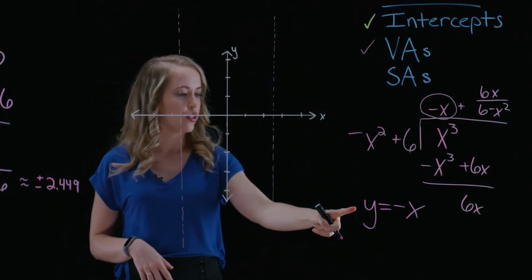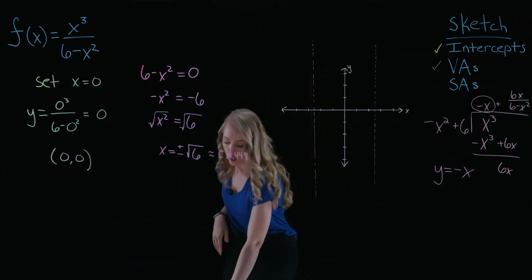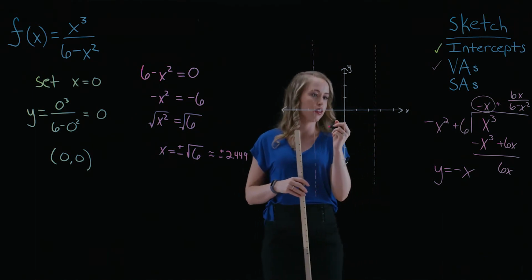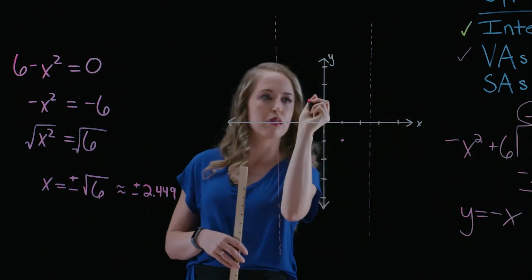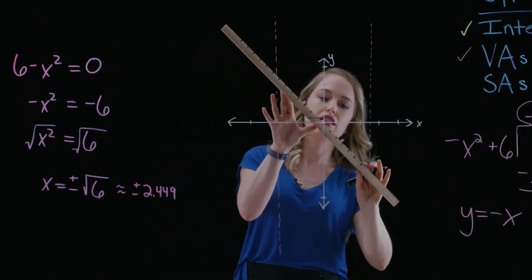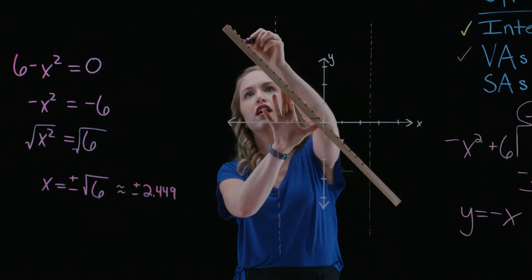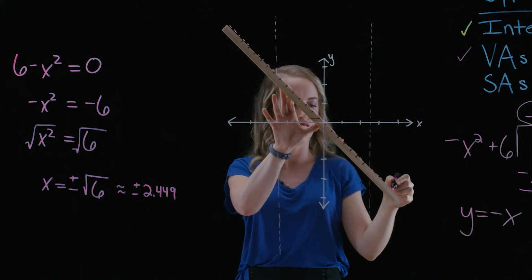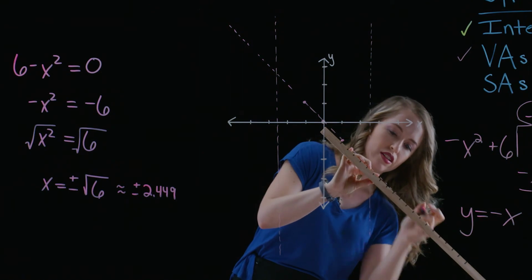If I ever get confused or need help graphing lines, I recommend making a quick table to help you figure those out. This one's pretty straightforward. I'm going to plug in a couple points for myself to help me make that line as straight as possible. And then I'm going to extend this one a little further.